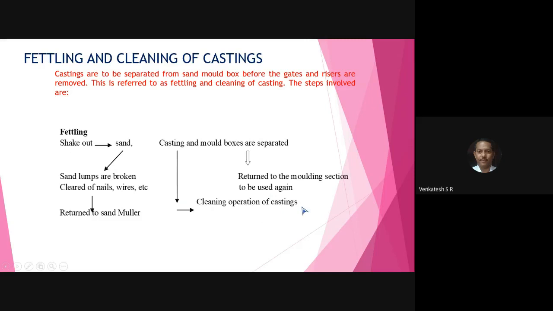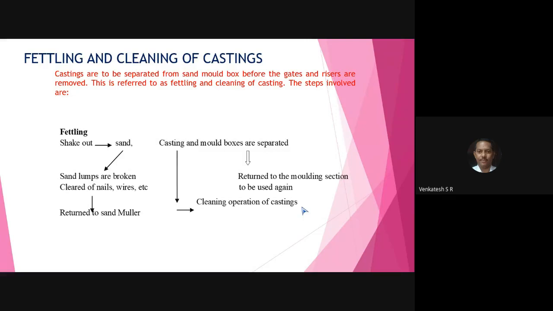There will be a sand blasting or shot blasting machine present. What is the function of the shot blasting or sand blasting machine? With a high jet, the sand or stainless steel balls hit the casting from the blasting machine so that the surface of the casting becomes clean.